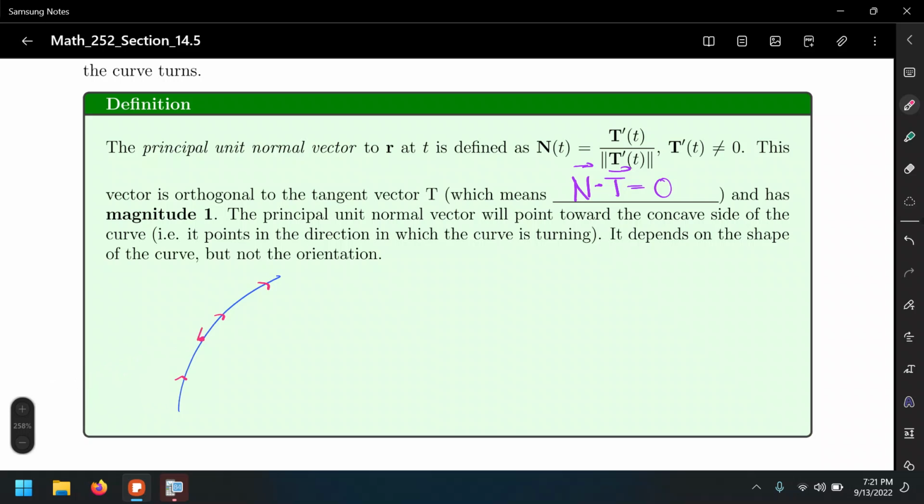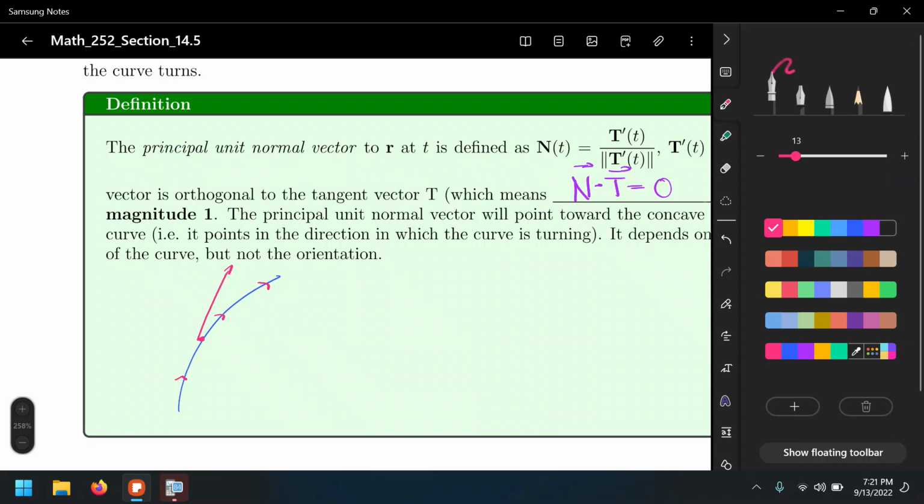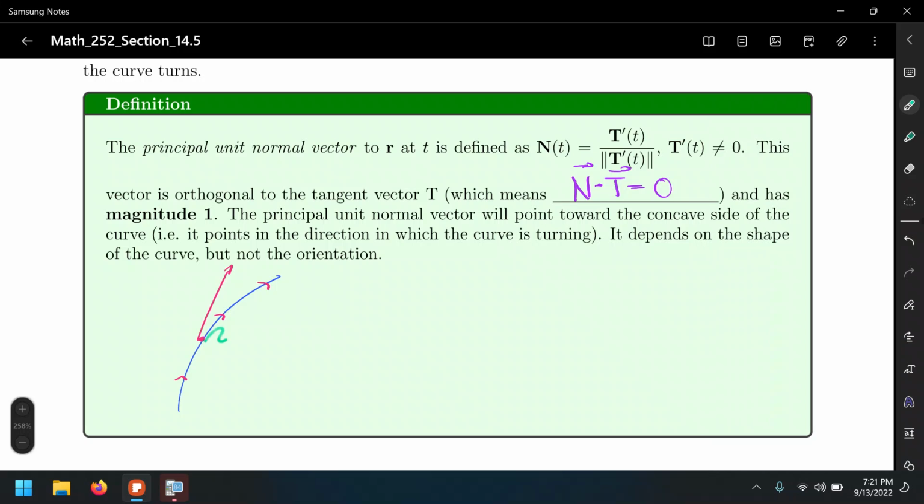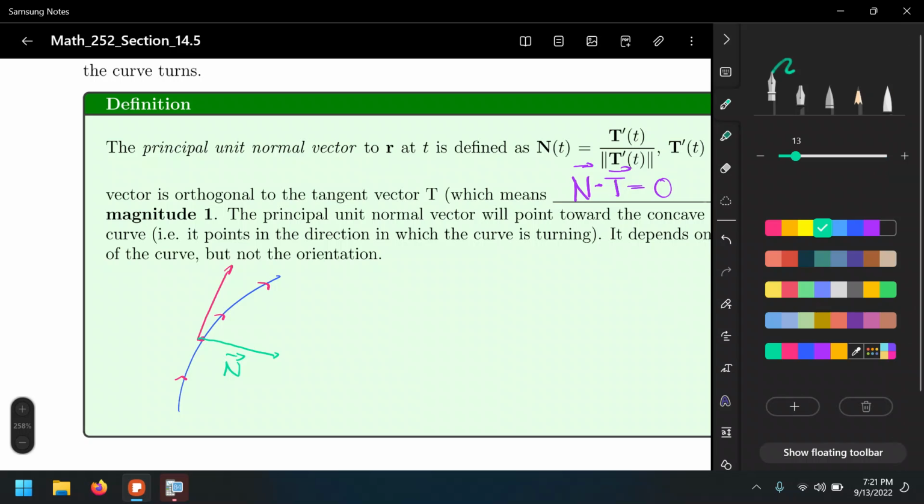The tangential is always in the same direction as the curve. However, the normal vector points towards the concave side of the curve, in this direction, and it is orthogonal to the tangential. So that's the normal, and that's the tangential.